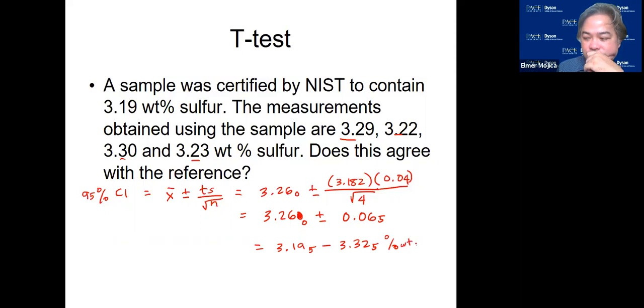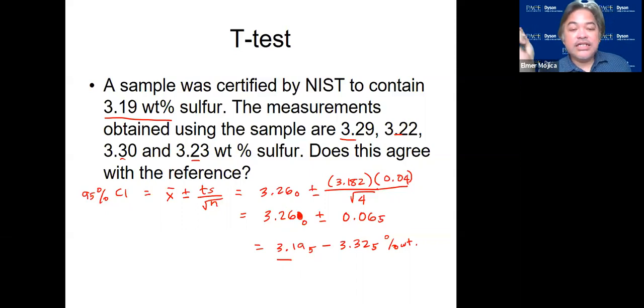So what can we say? 3.19 is just outside 3.195. So we could say here, at the 95% confidence interval, we can conclude that there is less than a 5% chance that our value or our method agrees with the known answer.